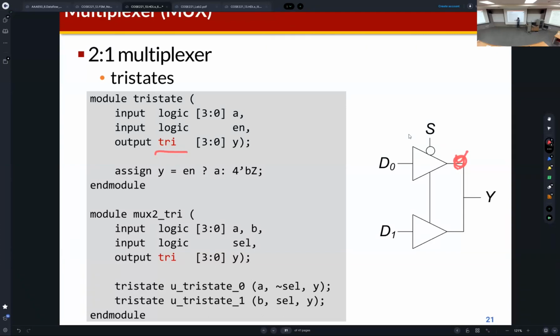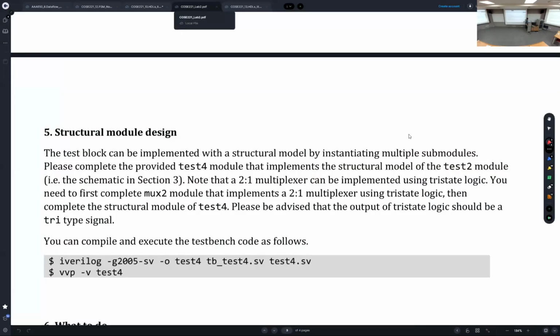So the output of this module, the box tri, also needs to be declared as a tri data type. I want to fix this slide. I believe you can easily complete this second lab assignment.